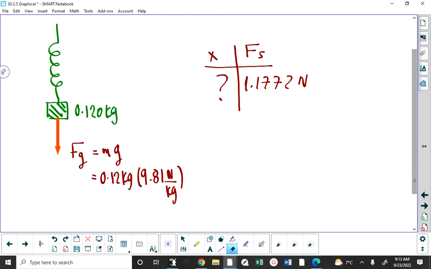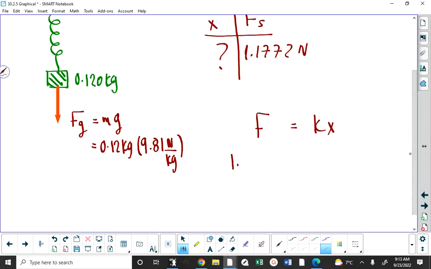If you say, well, F equals Kx, and I know F, and I put it in there and I divide by my K, which I know, right? Let's even try that. You're not writing this down just yet. But let's see what would happen if you had 1.1772 newtons equals K, which is 22.3 newtons per meter, times x, and I solve that for x.